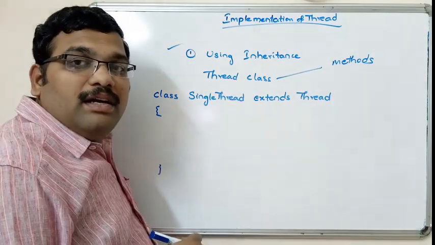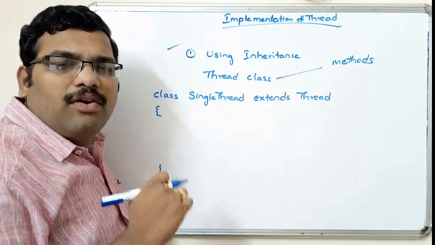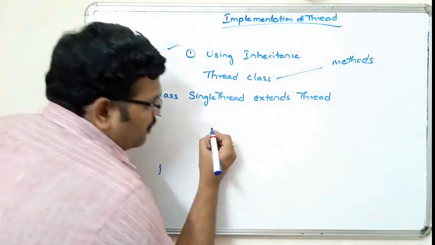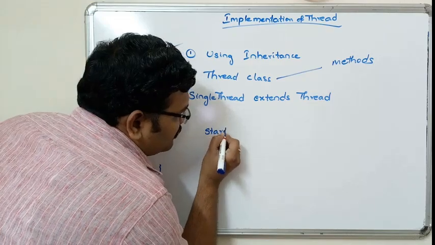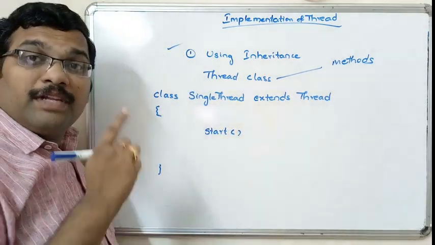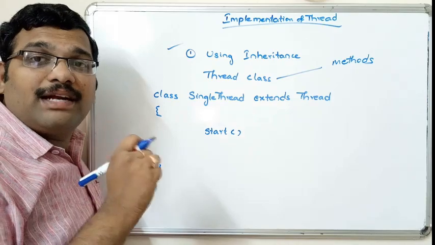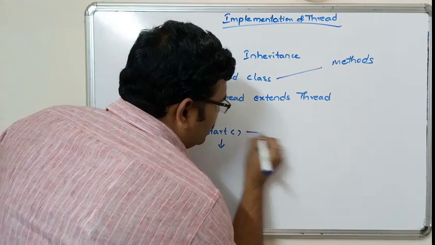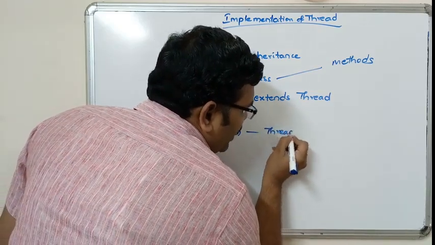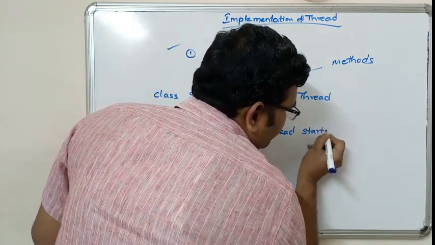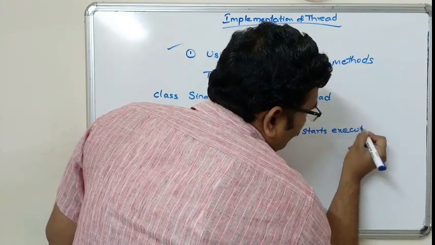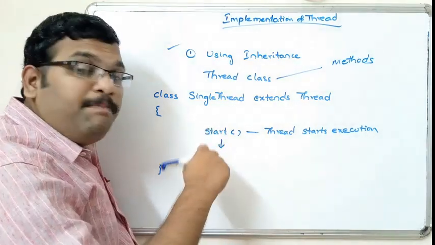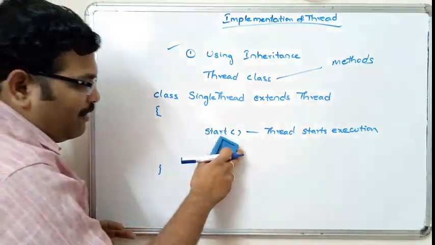Every thread will start its processing by calling the function called start. From the start function itself, a thread will start executing its process. This means the thread starts execution by calling this start function, and this start function will implicitly call the run function.